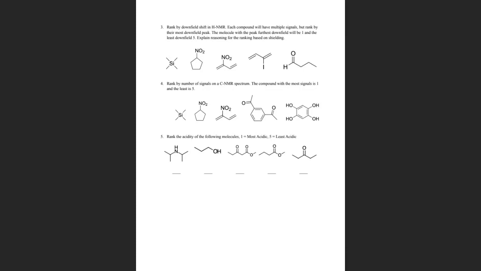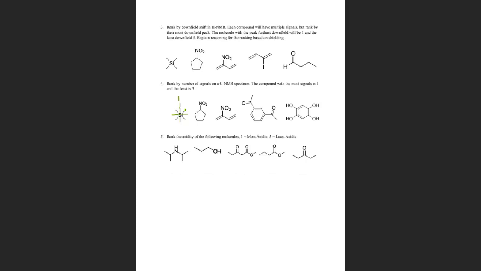I will get us started. For this first structure, we have a plane of symmetry there and a plane of symmetry here. So all of these hydrogens and carbons are going to be the same, so you're only going to have one signal.